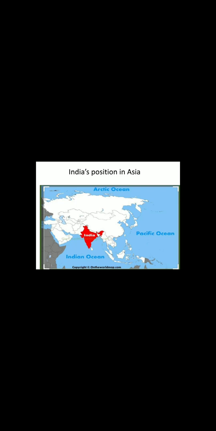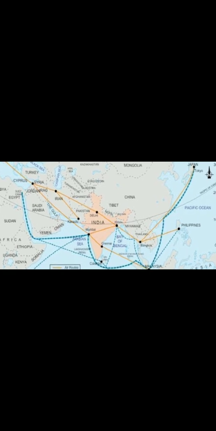If you look at India's position in Asia, children, we will notice that India has a south central position, and this south central position is of huge advantage to her. India has a very long coastline.